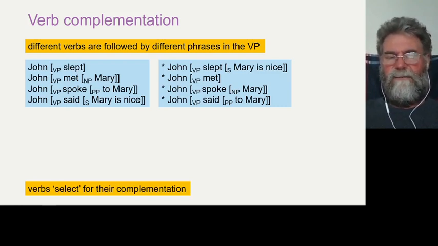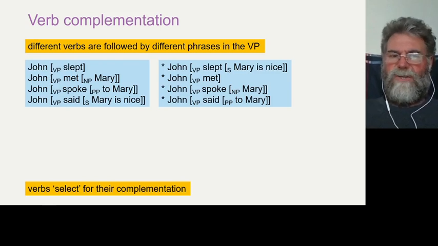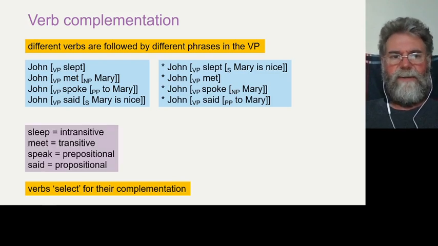The phrases that follow the verbs are known as the complements of the verb, and together that whole lot is the complementation of verbs. Individual verbs select for which elements are able to appear in their complement positions.